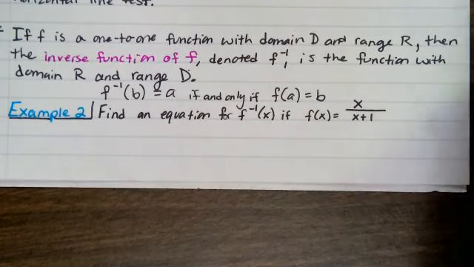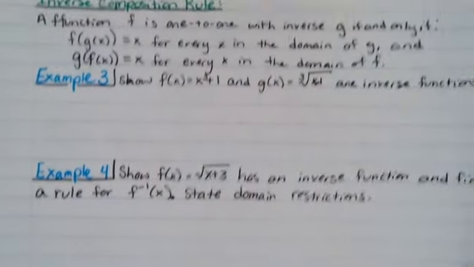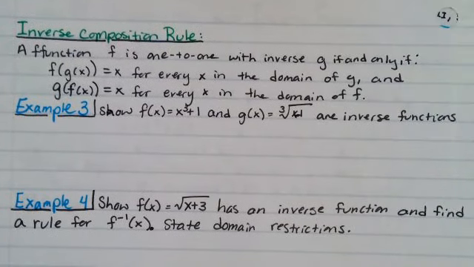Next thing, let's talk about the inverse composition rule. Remember how we talked about composite functions back in section 1.4? This is going to use those composite functions to help me figure out the inverses.